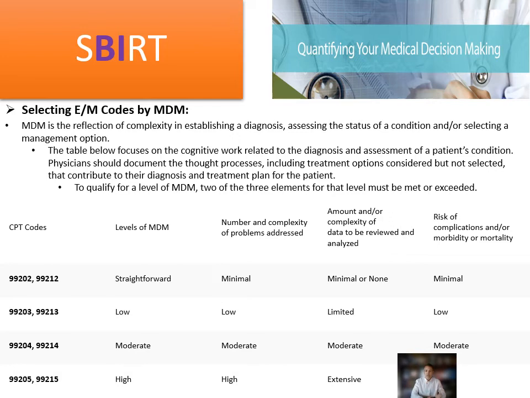Those codes on the left side are the most commonly used codes, and those on the right are those kind of weird in between time frames. So those on the left are basically benchmarked at 15-minute increments, and the ones on the right side, so for example a 99212, are between those 15-minute increments. So the ones on the left side are going to be the most commonly used codes.